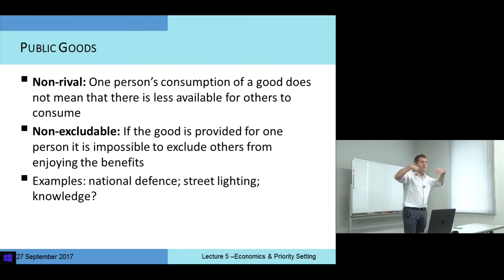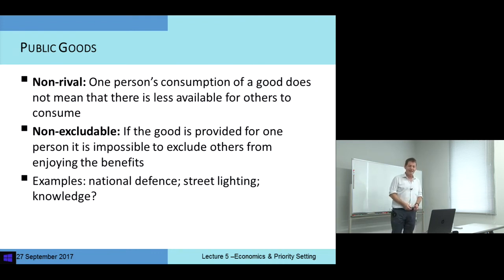So by providing national defence, they provide it for me as well. They can't exclude me. Also, by providing national defence, the protection offered to 50 million people is the same protection offered to 60 million people. There's not less defence available in that sense. So that's why there's an argument national defence is non-rival, non-excludable.